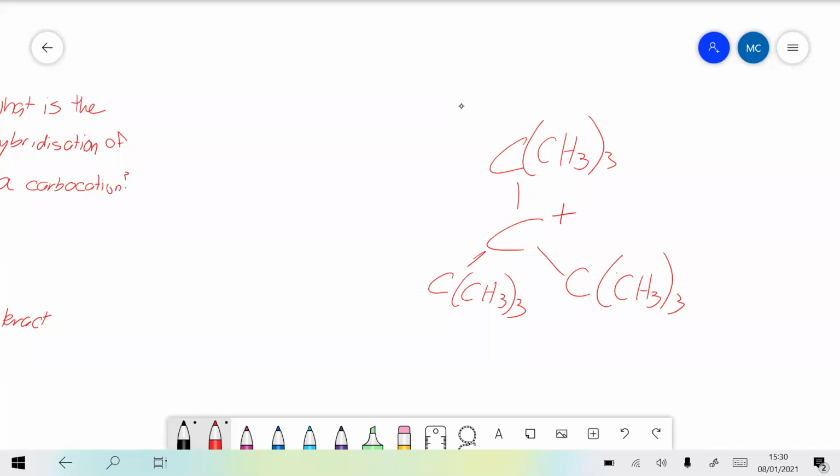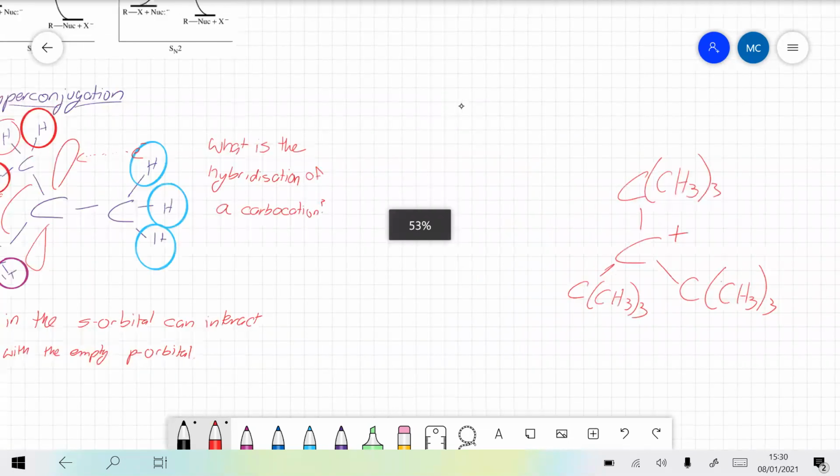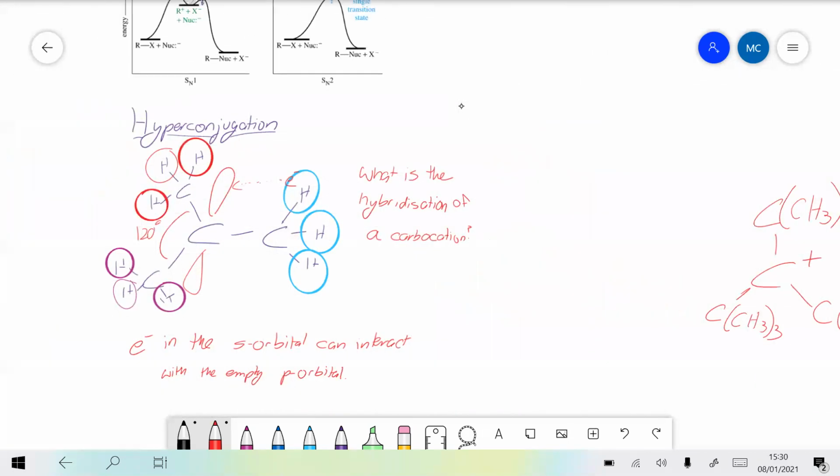So that carbocation will still be stabilized a little bit. Now, so this is hyperconjugation. It's the interaction of the electrons in the s orbital that can interact with electrons in the empty p orbital.